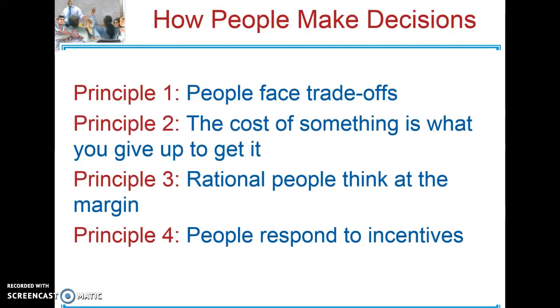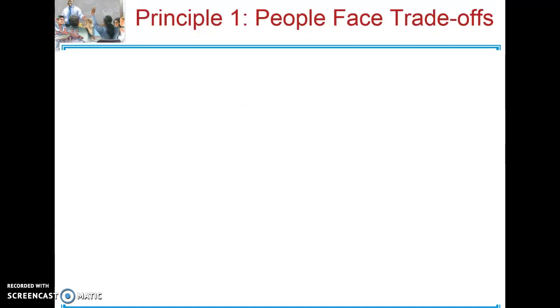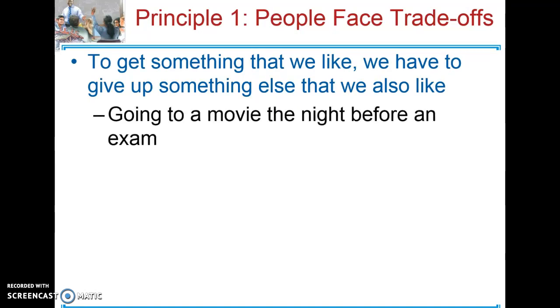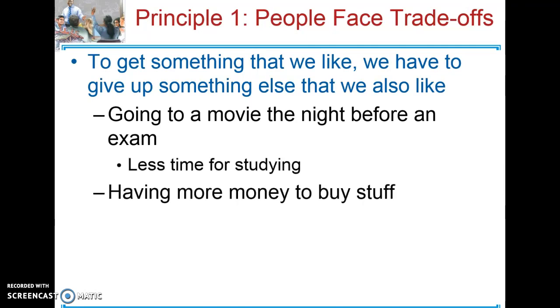There's 4 principles here that we're going to cover. The first principle is that people face trade-offs. So to get something that we like, we have to give up something else that we also like. Going to a movie the night before an exam means that you have less time for studying.